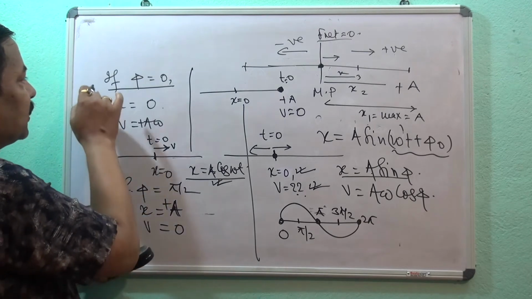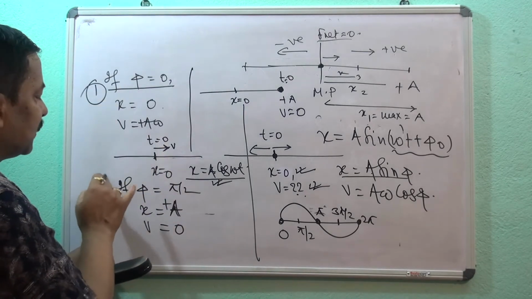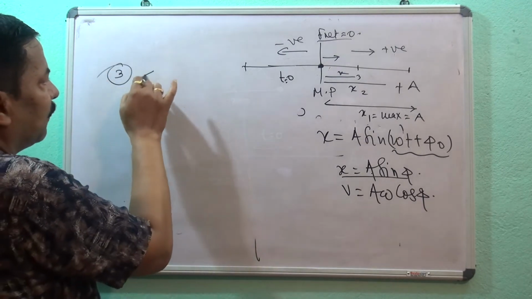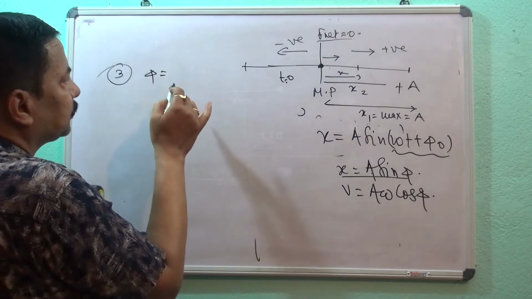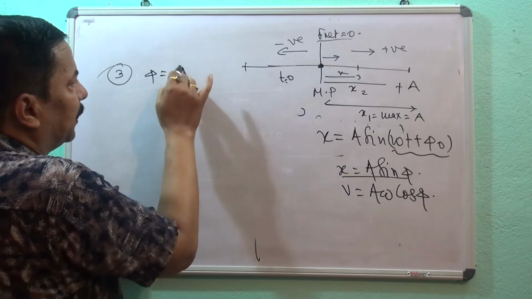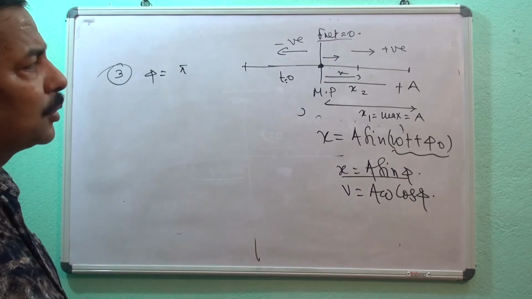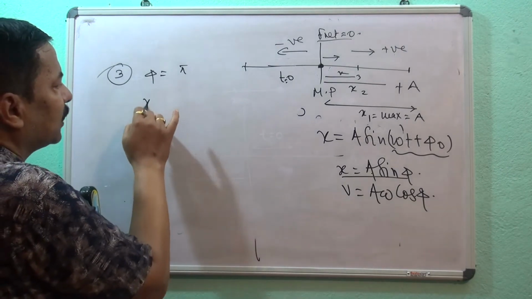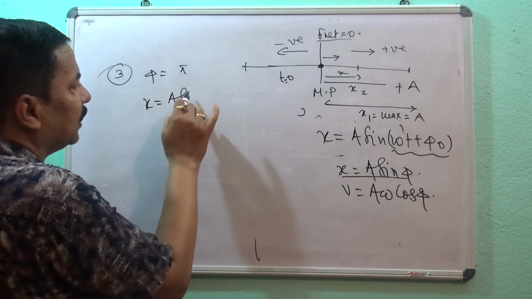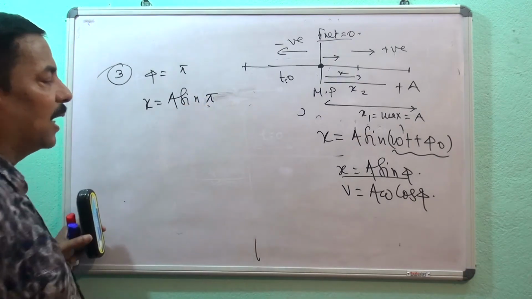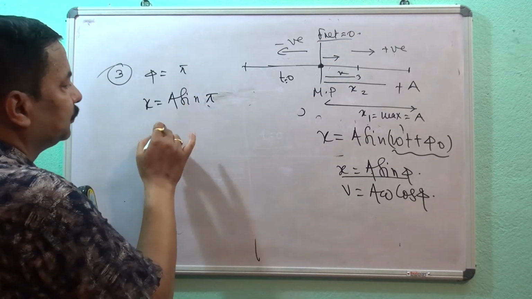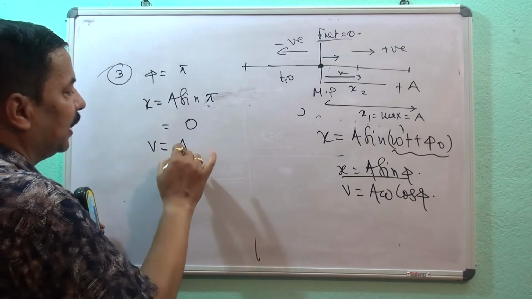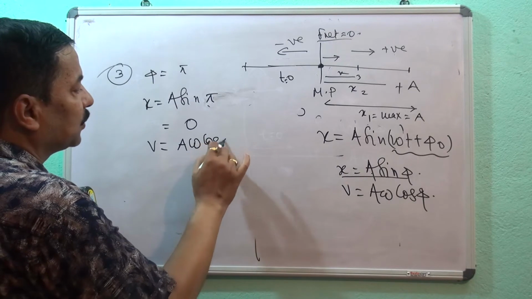So the first situation is this, the second situation is this, and the third situation we can take phi is equal to pi. What does it mean? Phi is equal to pi means x is equal to a sin pi. Sin pi is how much? It is 0. And v is how much? a omega cos pi.